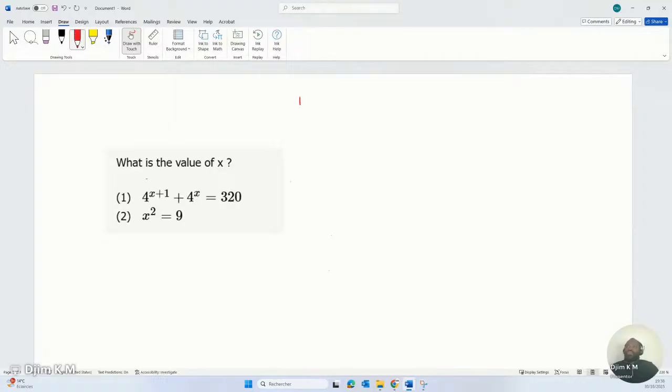So the first condition says that 4 to the power x plus 1 plus 4 to the power x is 320, like this. So this here can actually be written as 4 to the power x multiplied by 4 to the power 1, plus 4 to the power x.